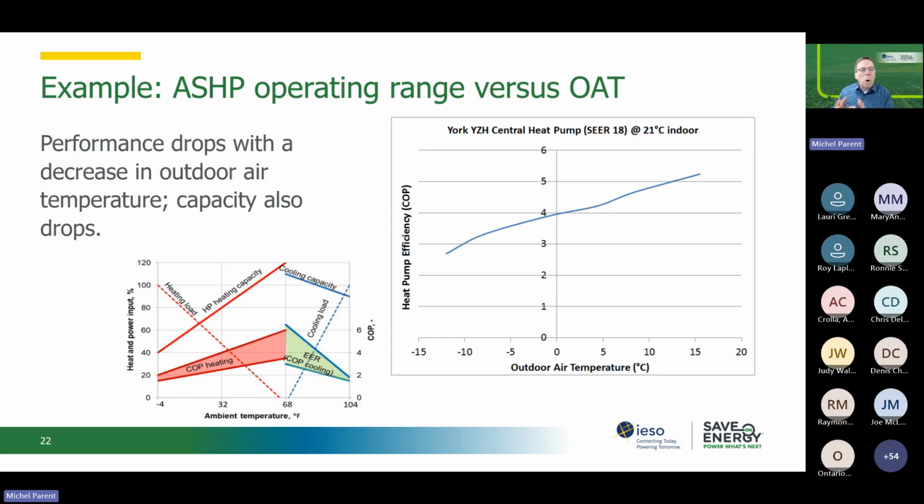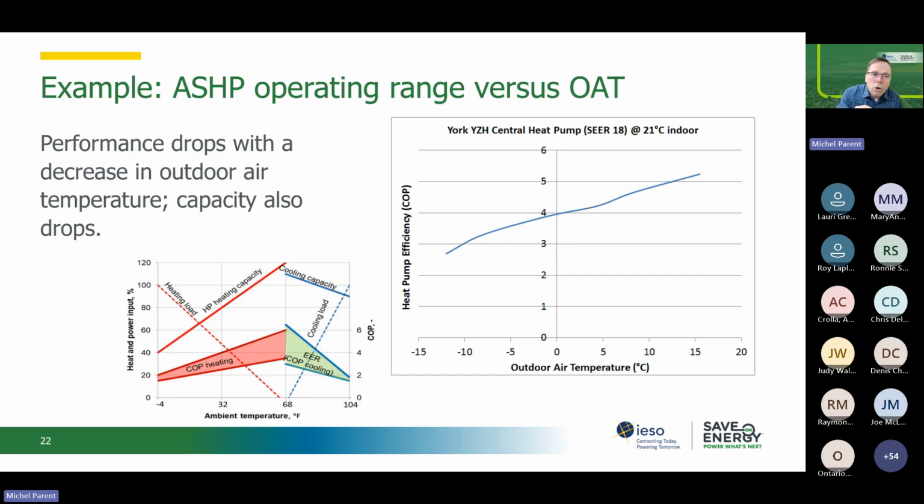So that can be one item that goes into your BAS programming. You say, in this example, at around 16 degrees Fahrenheit outdoor temperature, the heat pump will no longer be able to meet the load. So now you know at what point you will need supplemental heating.